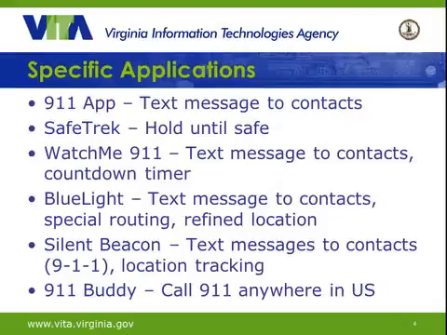Say a university campus subscribed to Blue Light and one of the students downloaded the Blue Light app, and they pressed the 911 button in the app, it would instead be routed to the campus police rather than to, for lack of a better term, the real PSAP or the real 911 center.